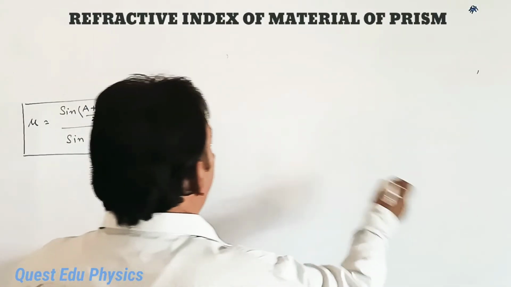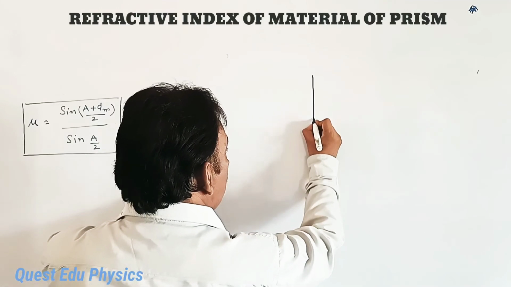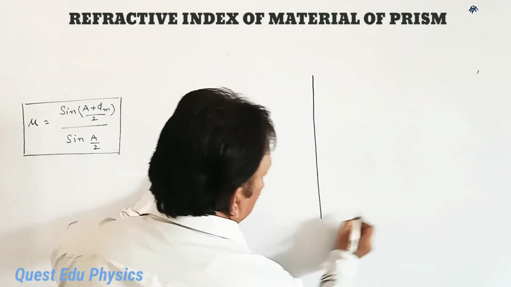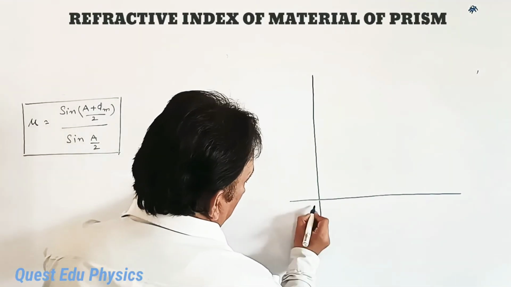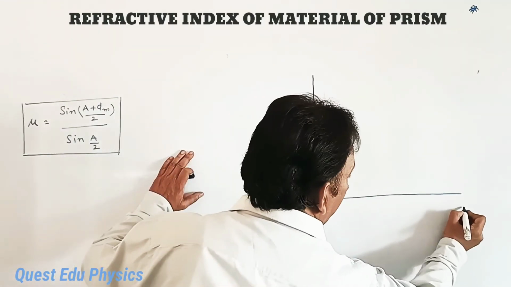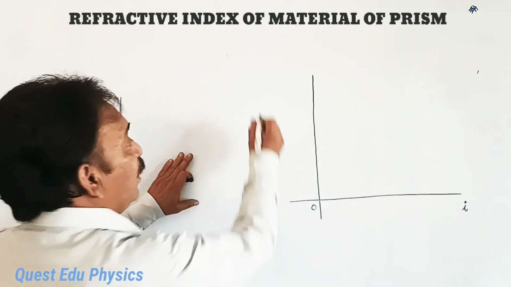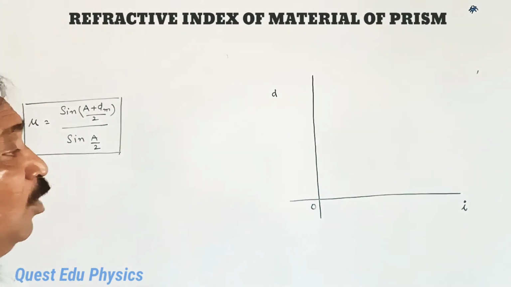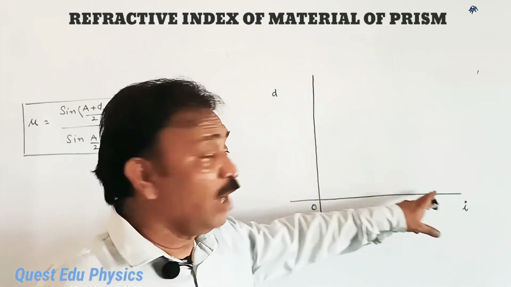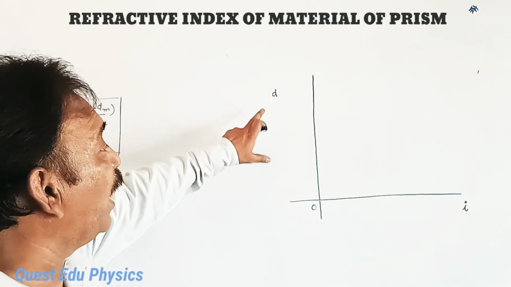Okay, it is a relation, as I already told you, between the angle of deviation and the angle of incidence. We are taking angle of incidence on the x-axis, students, and the deviation on the y-axis. I told you these two are interrelated with each other. Here, primarily at the beginning, what could happen?